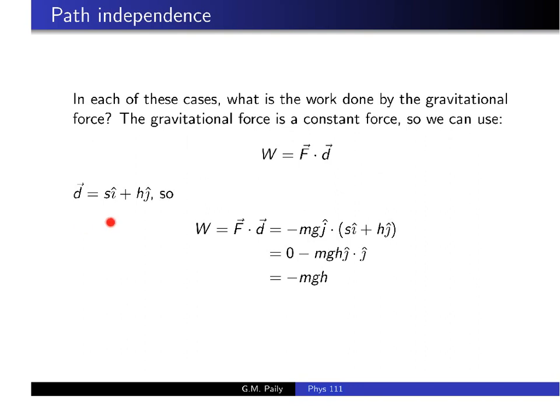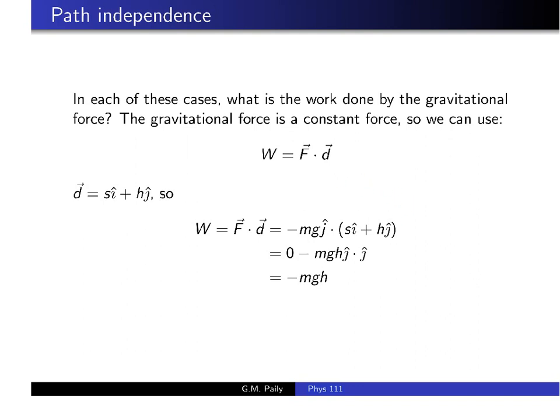Okay, so we're using work is equal to F dot d for a constant force. Our displacement vector in this case is s i hat plus h j hat. And so when we carry out the calculation, notice that the force is the gravitational force, which is minus mg j hat. We do a dot product with d, which is s i hat plus h j hat. Well, we know that j dot i is 0 and that j dot j is 1.